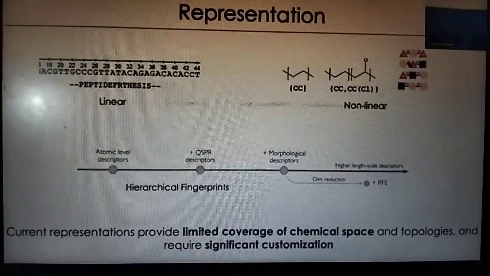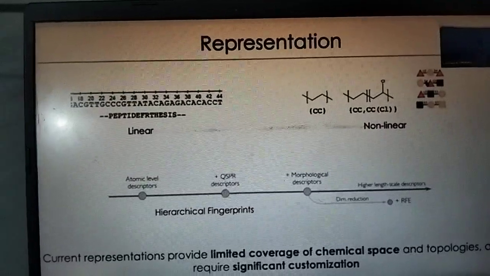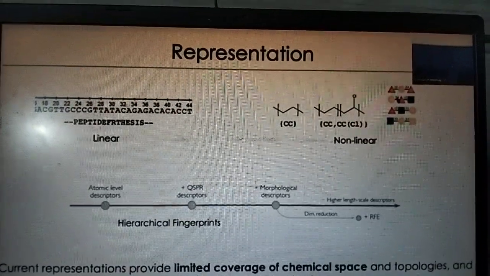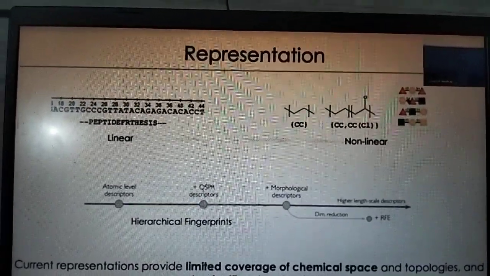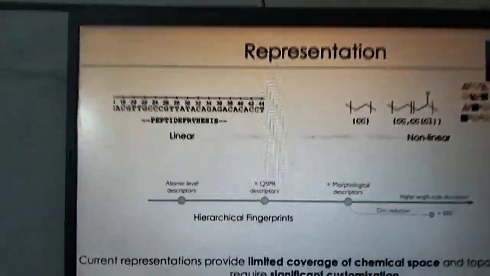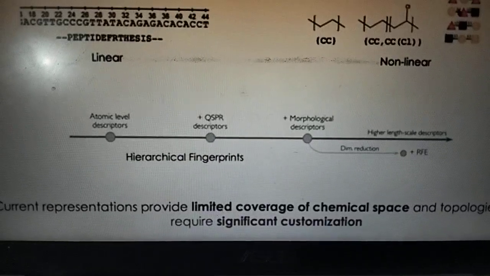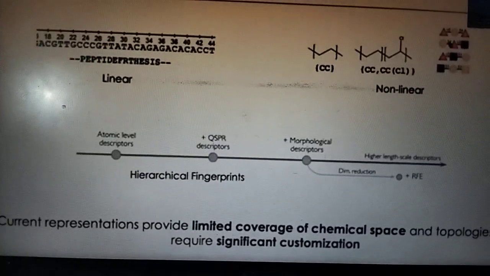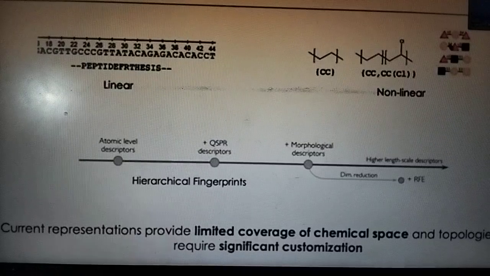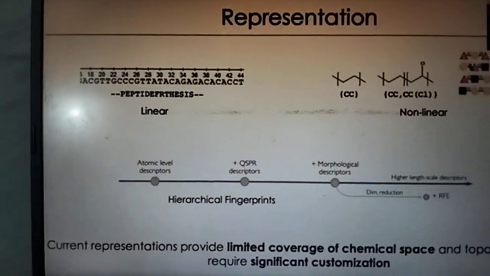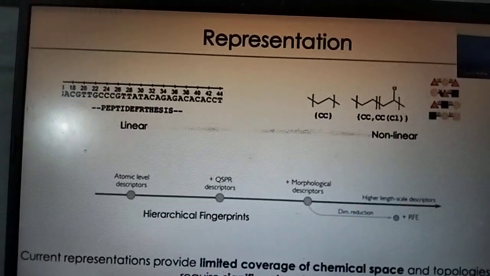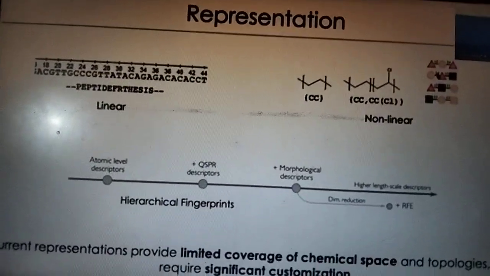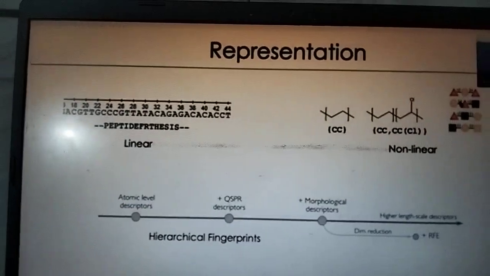Linear representations use words and numbers, and non-linear ones are used for carbohydrates and similar structures, such as CCC. Then there are hierarchical fingerprints, which look at the atomic level description and the residue level description. The space of molecules is on the order of 10 to the power of 24 to 29. Current representations have limited coverage of the chemical space and topologies and require significant customization.